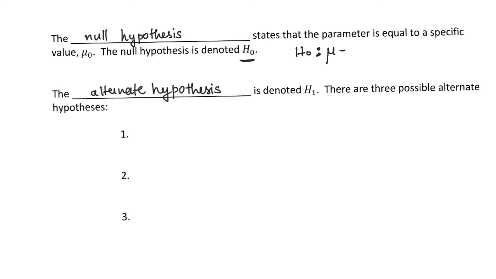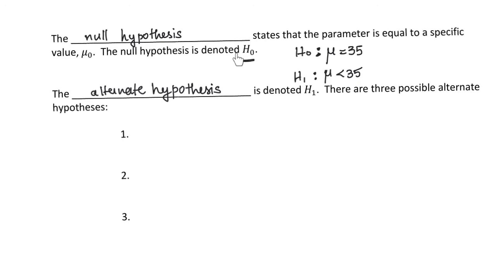Then we will say mu equals 35, if the mean is 35 compared to the previous example. For the alternate hypothesis, we use H1 to represent that, followed by a colon, and mu is less than 35 since the new design will reduce the level.